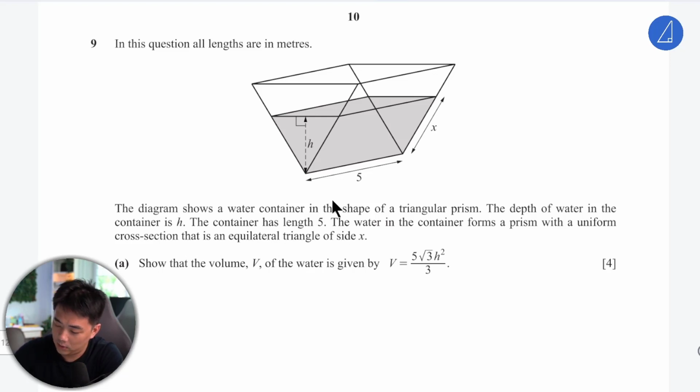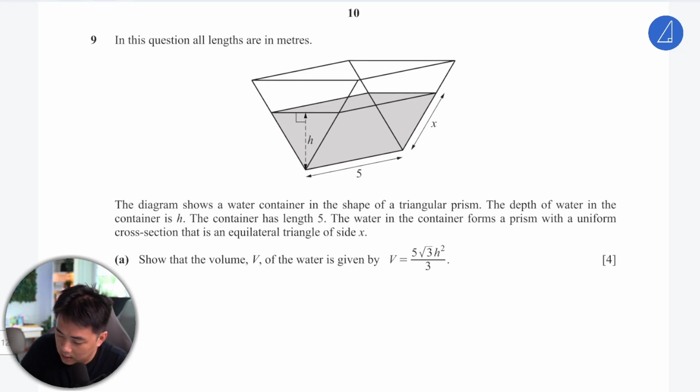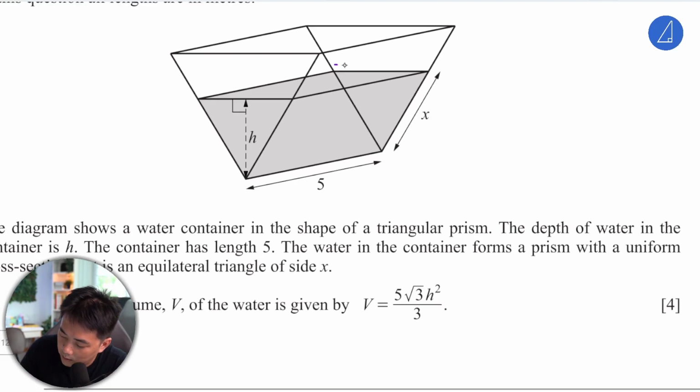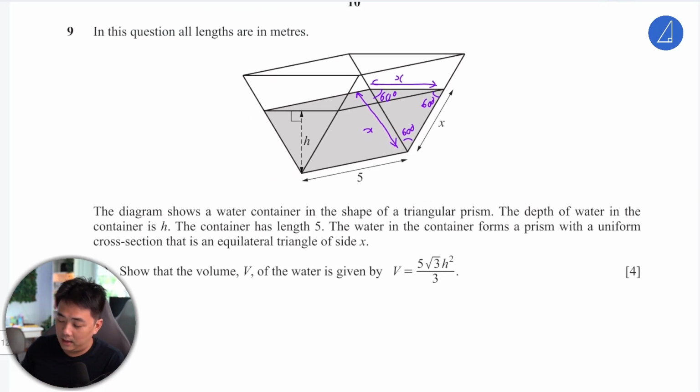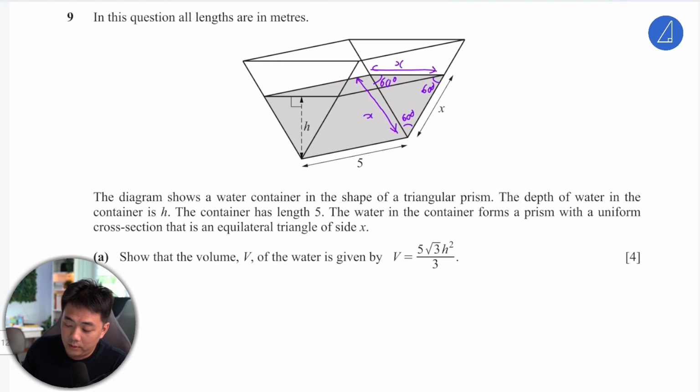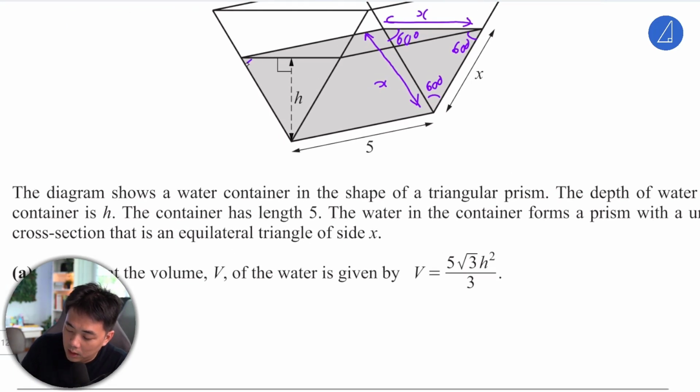side h. Okay, great. So in this case here, we know it's an equilateral triangle. If this is h, this is also h. This is x as well, side x. This is 60 degrees, and these are all 60 degrees. Okay, so the volume V of the water is given by this. Essentially we just deal with it without putting x in first, right?